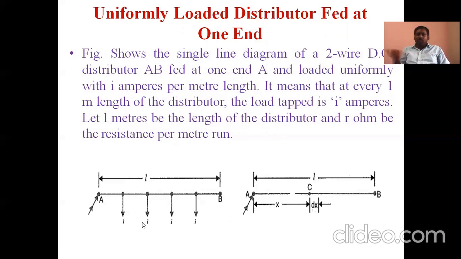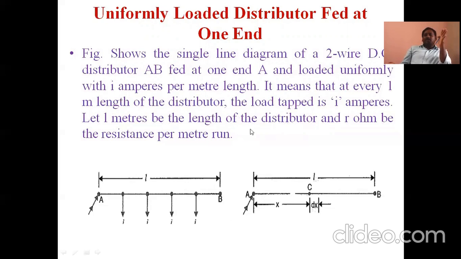Uniformly means the same current, the same load, whereas in the previous case of concentrated loads the same load was not provided. It means that for every meter length of the distributor, the load tapped is I amperes.